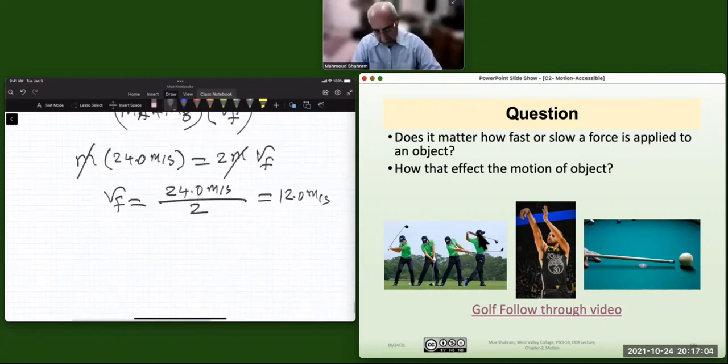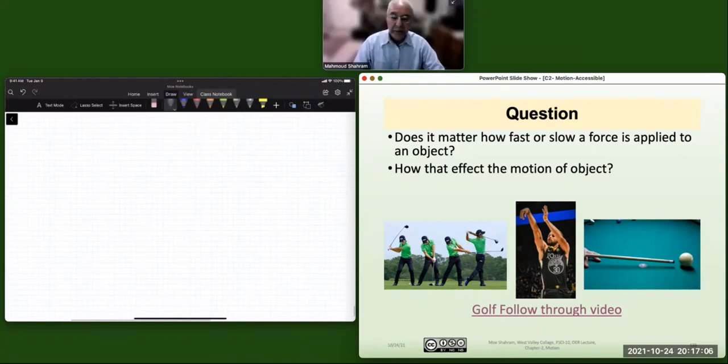For many sports this is used a lot, especially in golf. It depends how you hit the golf ball. If you hit it abruptly and in a very short period of time, the ball would have a different path and different range than if you hit the ball and follow through.